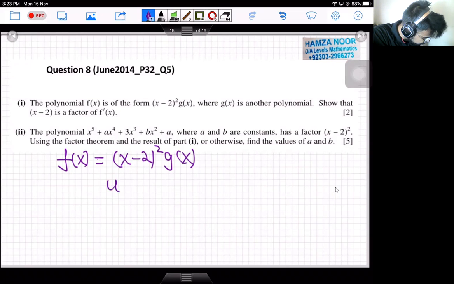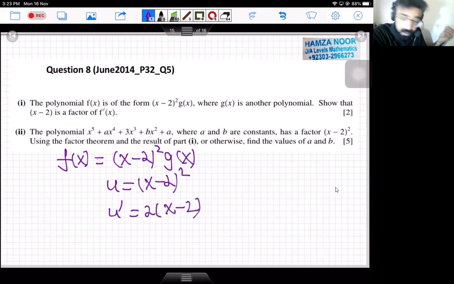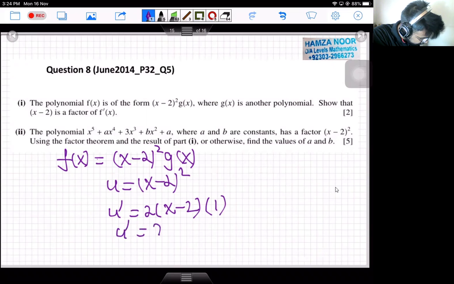So u is equal to (x minus 2) the whole thing squared, so u dash is definitely 2 times (x minus 2) raised to the power 1 and then multiplied by the derivative of the bracket. So u dash is supposed to be 2x minus 4. All right, so v is equal to g(x).